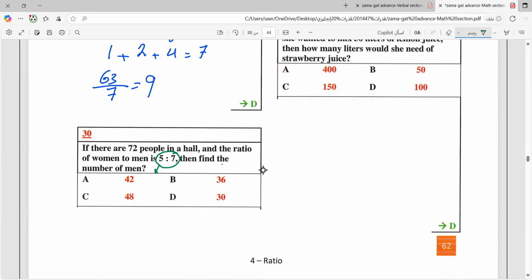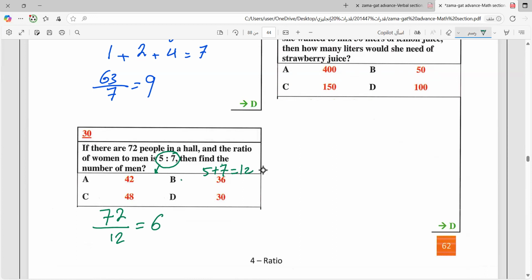So the same, we find only one bar: 72 divided by the sum of the ratio. 5 plus 7 equals 12. 72 divided by 12 is 6. This is for one bar, right?